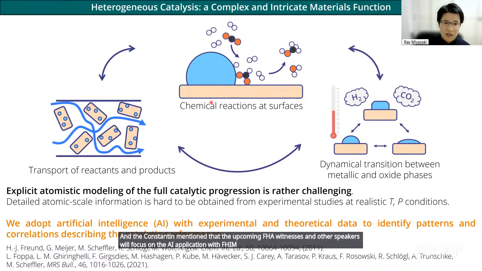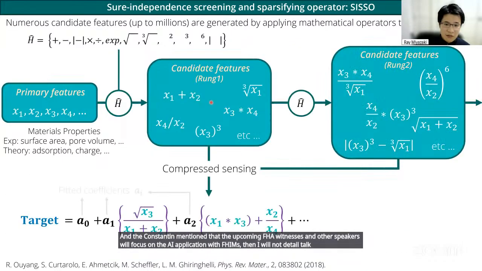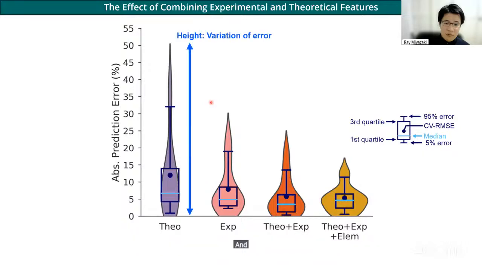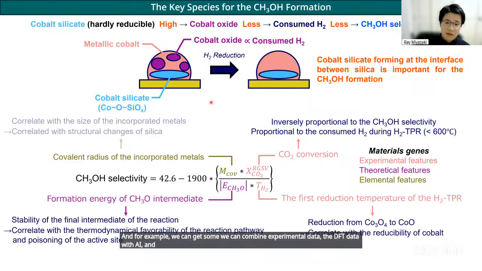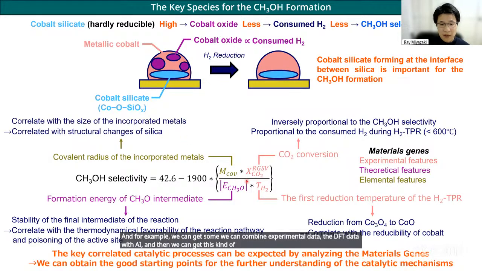Then I will not talk about this in detail, but we can achieve this. For example, we can combine experimental data and DFT data with AI, and then we can get descriptive parameters of the target catalytic performance. And this AI approach was developed at the FHI, and we can get some analytical expression for the target catalytic performance.